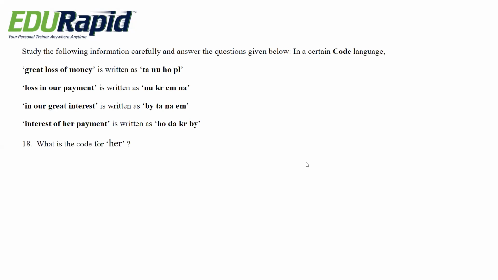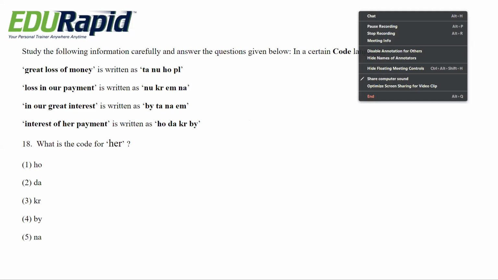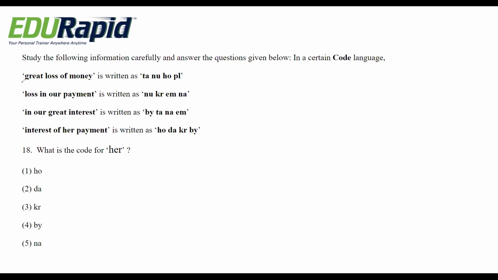Next question. What is the code for her? Options are HO, DA, KR, BY, NA. Her is the only term present in the fourth sentence. In the third sentence, it is not there. Second also not there. First also not there. We have to check the individual terms.